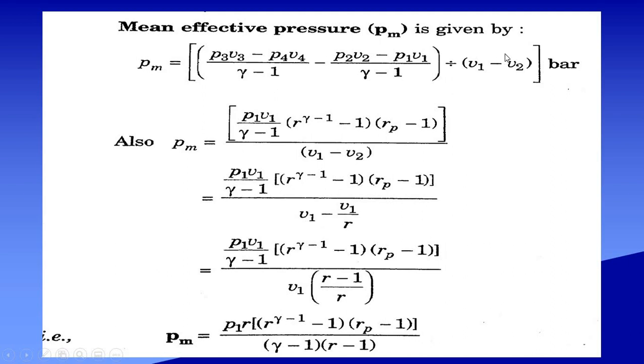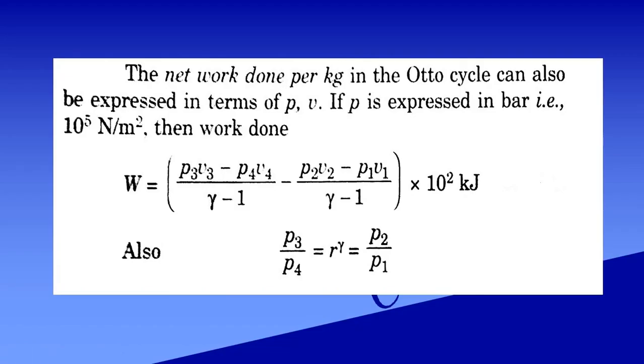So you have to convert this and write it in terms of bar. And when you go for the mean effective pressure, this is the formula. First you are going to find the value of work done, and you also know how to write the stroke volume, that is V1 minus V2.